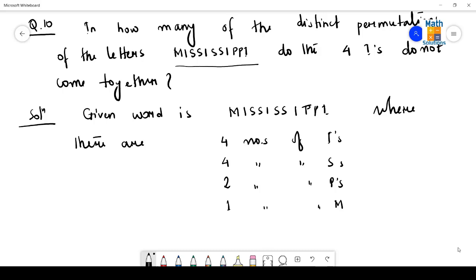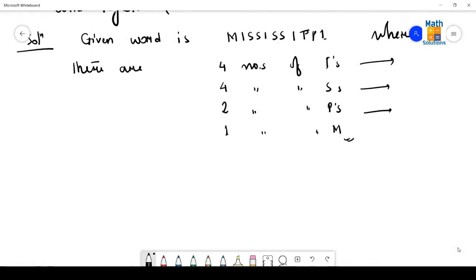So first of all, we find that this is of the first kind, this is of the second kind, this is of the third kind, and in this case this is individual, only one individual letter we are getting, that is M. So of course the second theorem will be followed here. So let us check in how many ways this arrangement can be done.